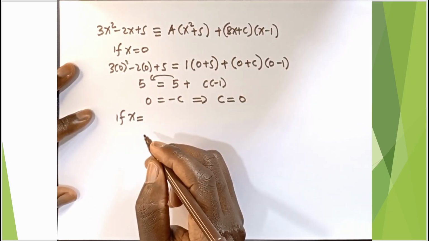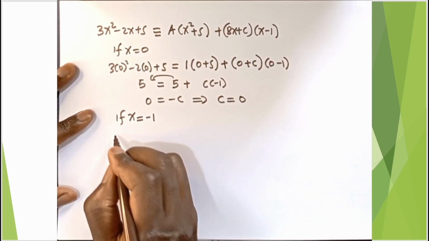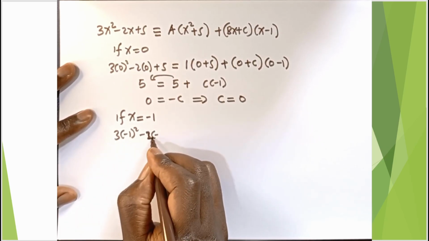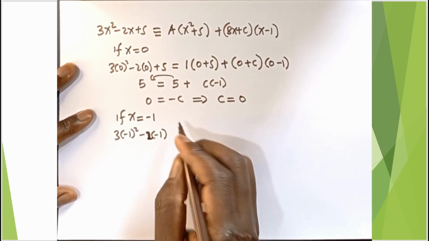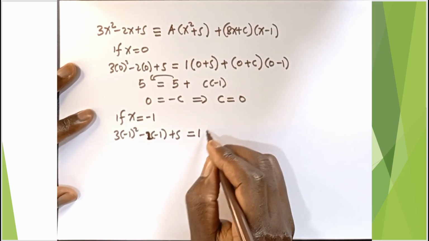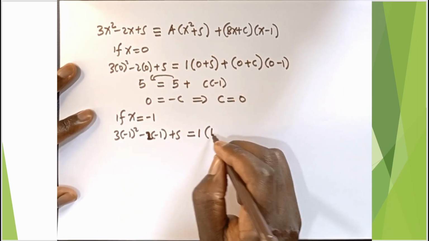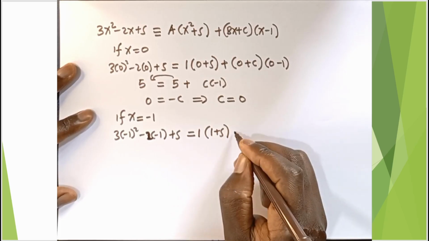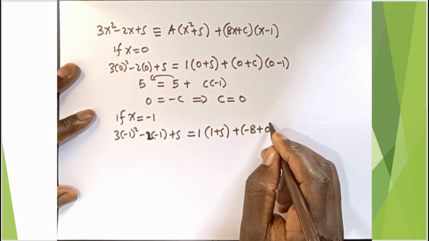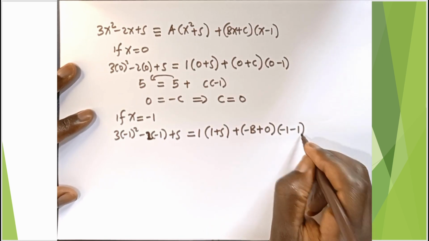So if we take negative 1, we shall have 3 into negative 1 squared minus 2 into negative 1 plus 5 is equal to A, which is 1, into negative 1 squared, that gives us 1 plus 5, then plus negative b plus c, which is 0, into negative 1 minus 1.